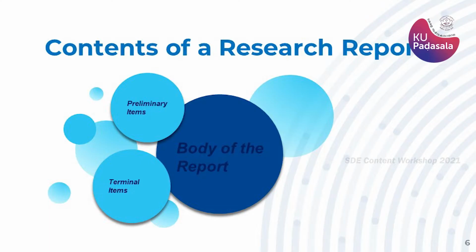research report. Broadly, the contents of a research report can be categorized into three groups. One is the preliminary items of the report, the second part is the core part, that is the body of the report, and the third part is the terminal items. Regarding the preliminary items, the report starts with the title page.